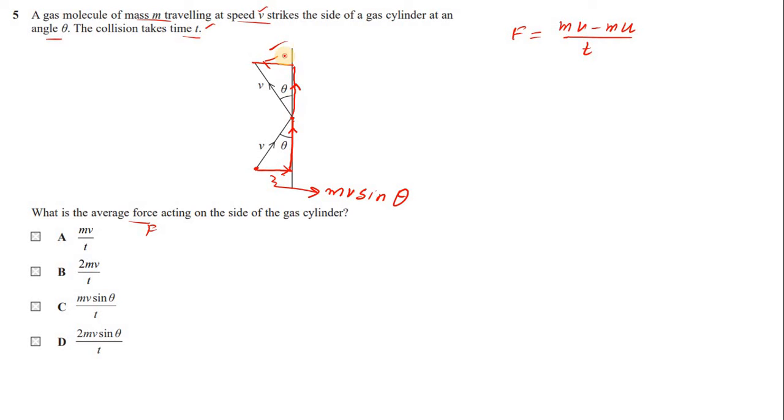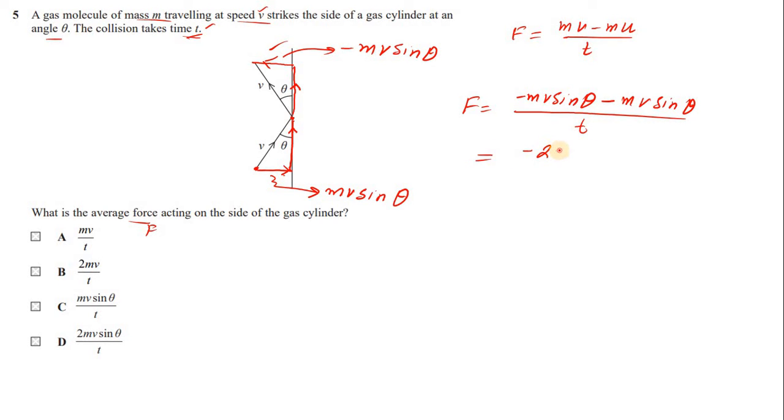It is clearly opposite, so you take minus mv sine theta, because in terms of vector, if it is mv sine theta before, it should be minus mv sine theta after. So F is equal to final momentum, minus mv sine theta, minus initial momentum, mv sine theta, divided by time taken t.